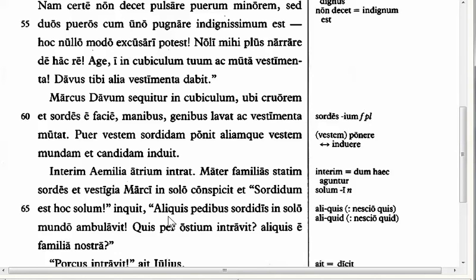So aliquis is an indefinite pronoun. It doesn't have a definite antecedent, and we translate it as someone, somebody. It implies that I don't know who it was, someone. And then aliquid, something. So I don't know what though. Aliquid, something, aliquis, someone, both indefinite pronouns.